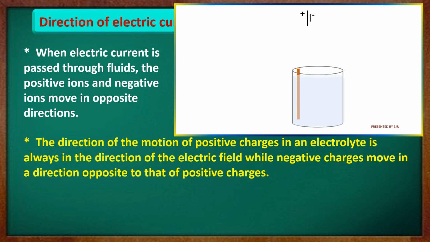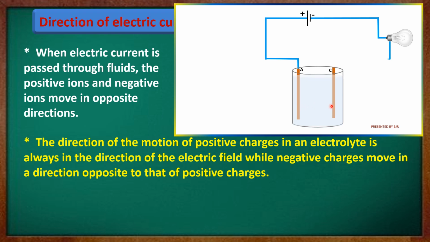But here positive ions move along the direction of the electric field. That is, here we have seen copper ions are moving from positive to negative, that is from anode to cathode, and negative charges, that is sulfate ions, are moving opposite to the direction of copper ions.